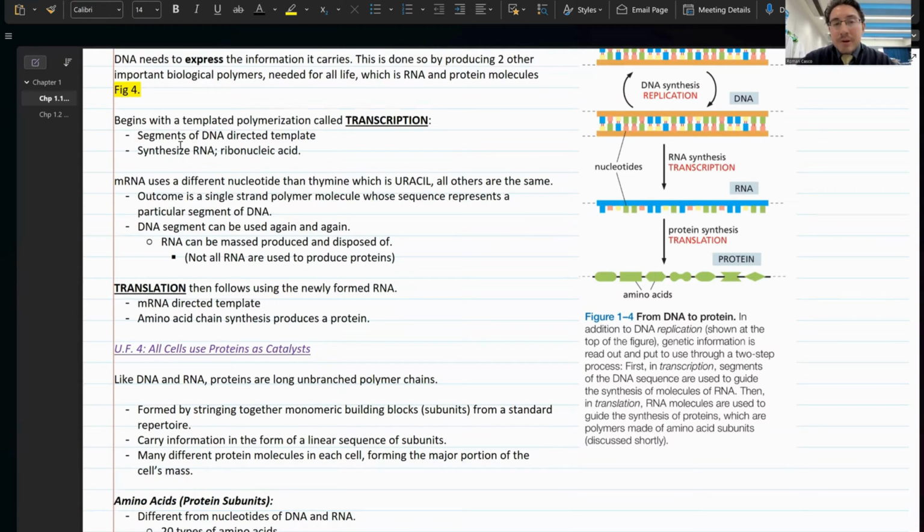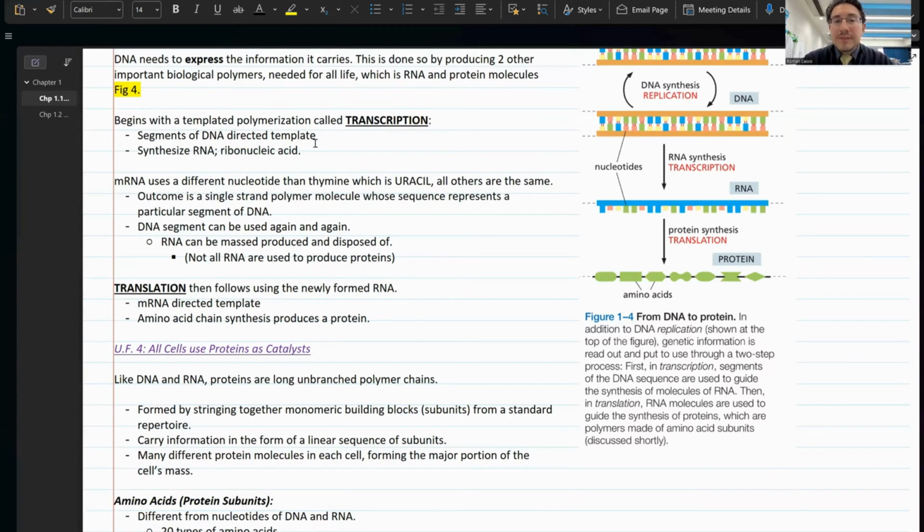Being a nucleic acid, RNA uses the same nucleotides with the exception of one, thymine, which it replaces with uracil, a nucleotide very similar to thymine. All the others are the same. A, G, and C are still used.